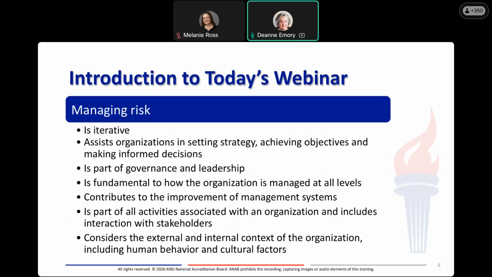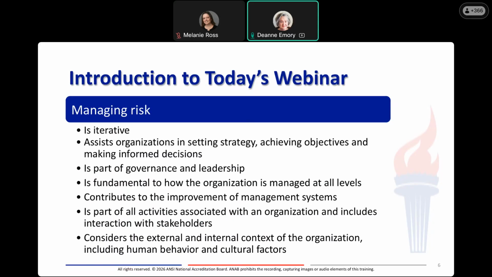Managing risk is iterative. I'm going to say that over and over for the next 30 minutes or so. It involves repetition or a cyclical process. The organization itself refines risks and opportunities through this repetition and review in order to drive improvement.